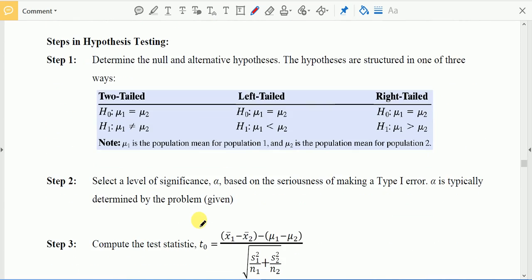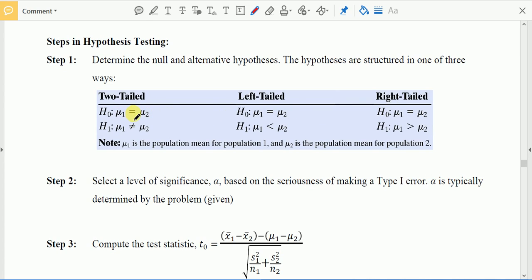Now, for the hypothesis testing, again, you must determine the null and alternative hypotheses. In all three cases, the null hypothesis is that the two means are equal to each other.